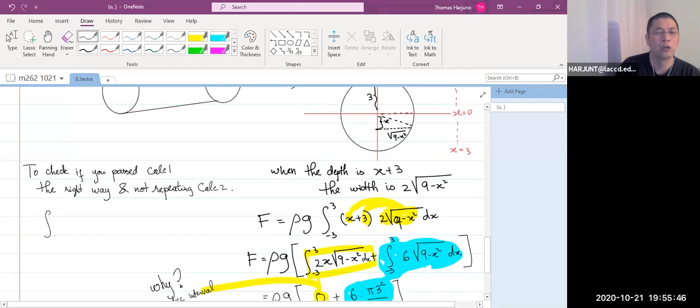Let's say the integral from 0 to 2 of square root of 4 minus x squared dx. Ask you that question.